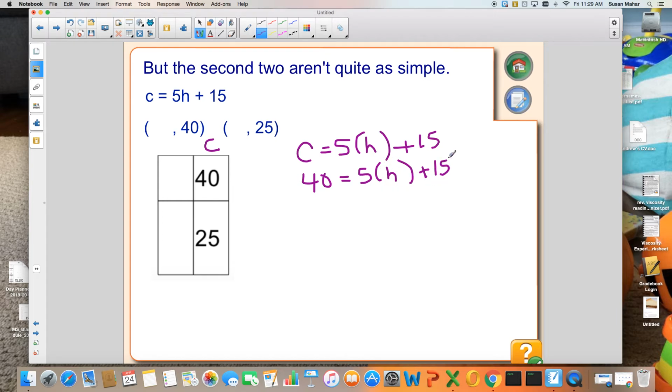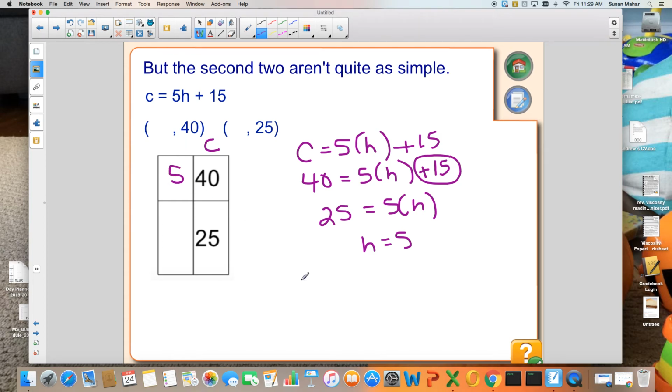Well, if we took this $15 off here, to keep our equation balanced, we'd have to take $15 off here. So we could say $25 is equal to 5 times the number of hours. All right, and we know that 5 times 5 is 25, so H is equal to 5 hours. And we can fill this in over here.